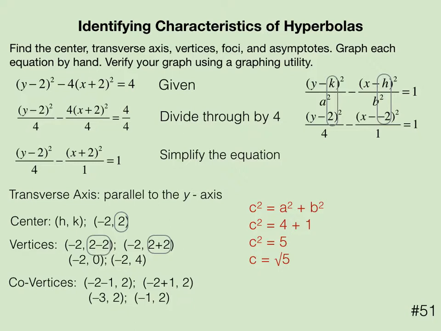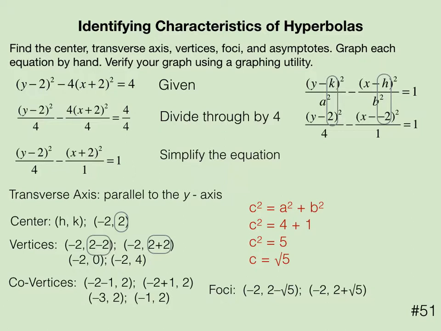So once again, I'm going to be adding and subtracting to the y-coordinate of my center. Here are my foci coordinates: (negative 2, 2 minus root 5) and (negative 2, 2 plus root 5). So we'll be graphing those points on our coordinate plane.